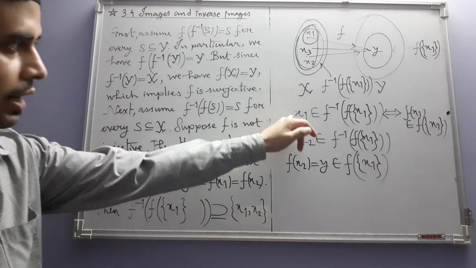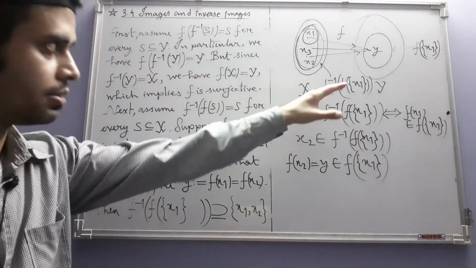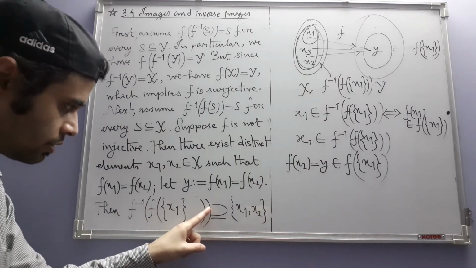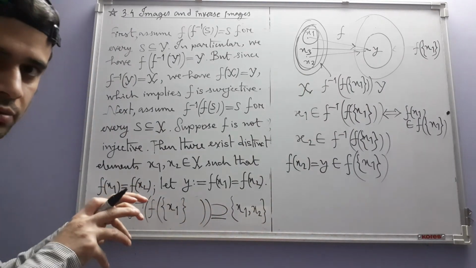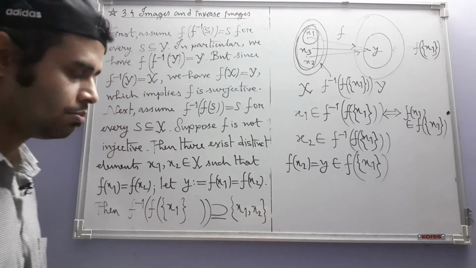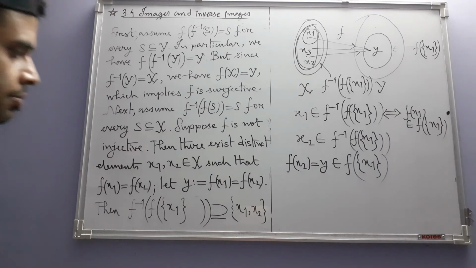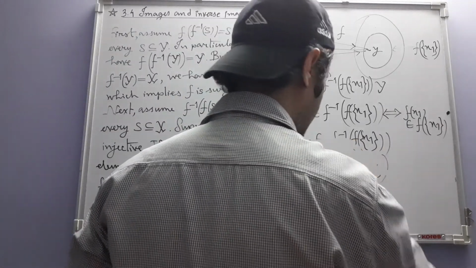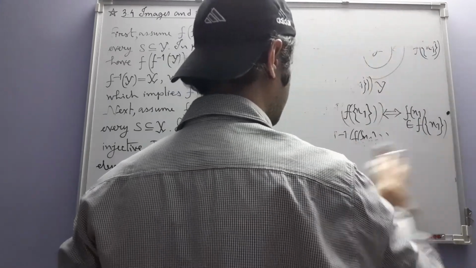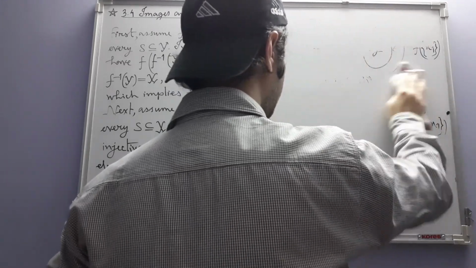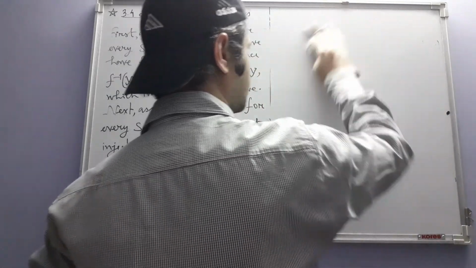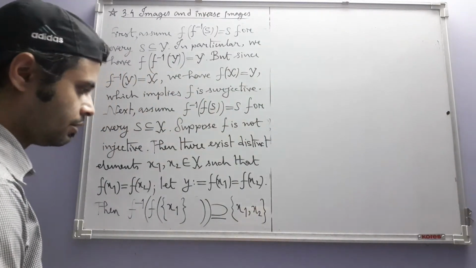We already know that x1 and x2 are in this set, but there may be more, so we don't necessarily have equality, we have inclusion. We need only this much. Now we can continue our argument. Now it makes sense. First, when I took x1 and x2, it just defeats the purpose. That won't get me anywhere.